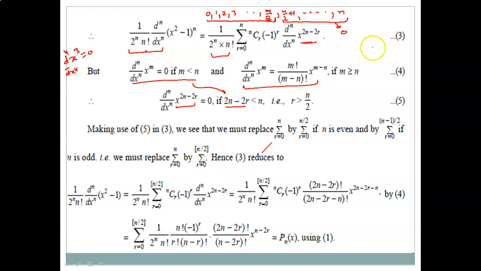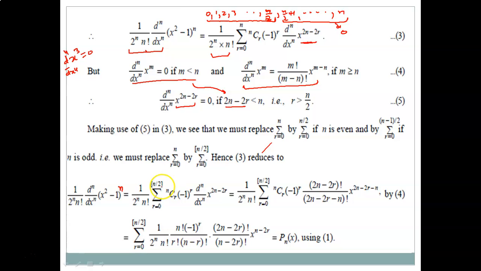Hence, this equation 3 reduces to the form you can see on the left hand side: 1 by 2 raised to power n into n factorial, nth derivative of x square minus 1 raised to power n, equal to 1 by 2 raised to power n into n factorial, summation r going from 0 to n by 2 bracket.